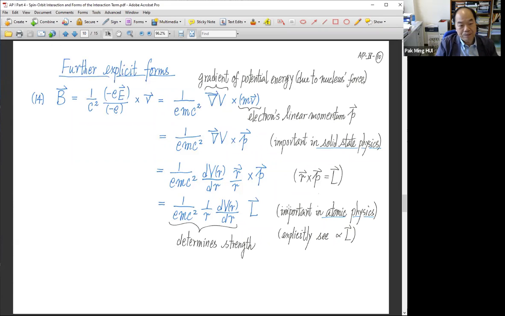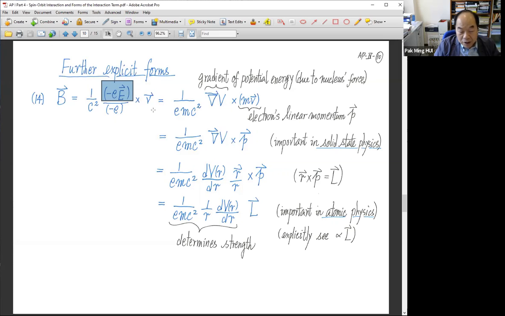We will see, okay? Now, I picked the last line. B, 1 over c squared, E cross B. Again, physicists like to multiply by 1, subtract, add 0, things like that. So here, again, I multiply by 1. So minus E, minus E. This is the force, okay?